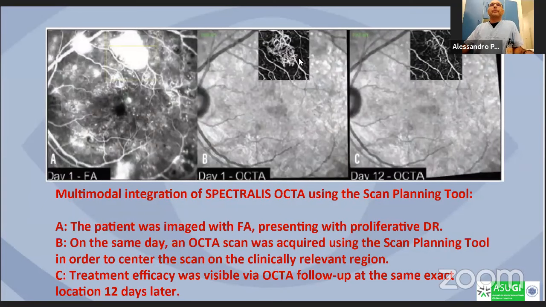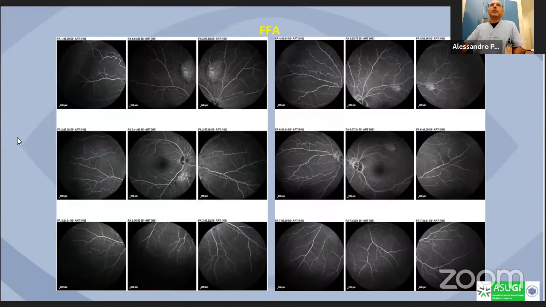And here, this is the scan planning tool of Heidelberg. With this tool, you can plan a scan in the area of interest, and you can see the follow-up of this type of vascularization, and we see the regression of vascularization here in a proliferative diabetic retinopathy.